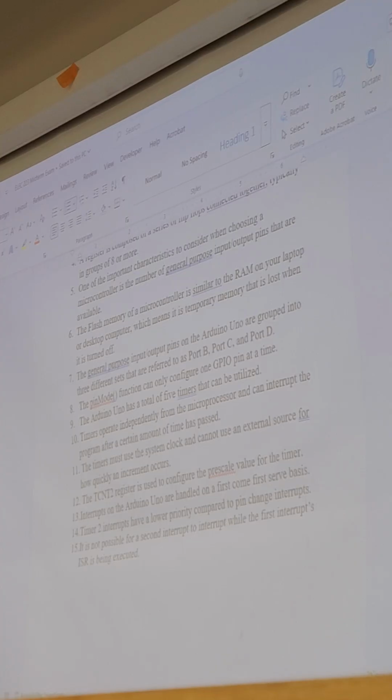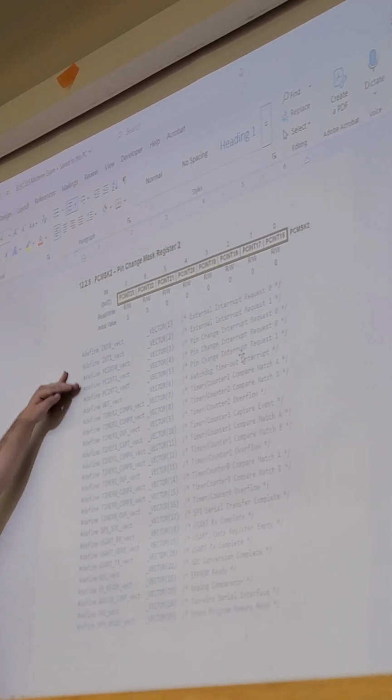For question number 14, this is related to the interrupt vector table. I believe I provided the interrupt vector list here, and you can see which one is highest or lowest. Timer 2 is below the pin change, so it technically has the lower priority.